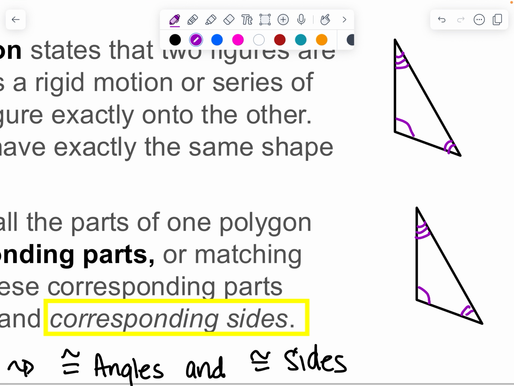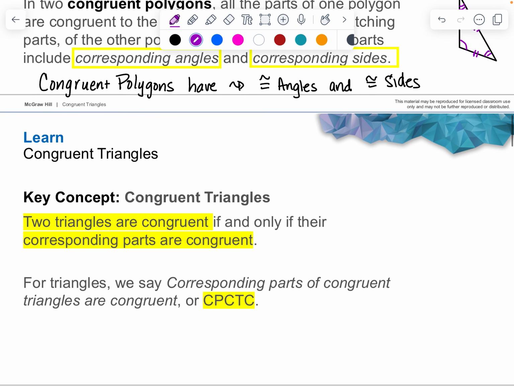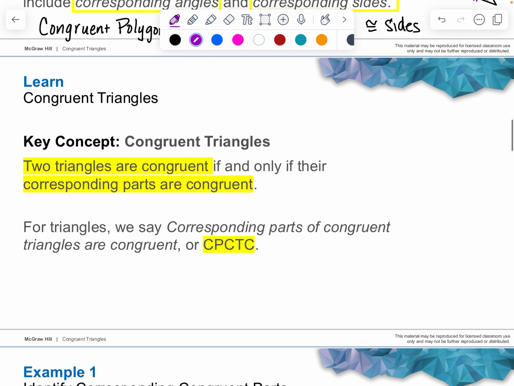Congruent angles, all matching up. And then each side should have a corresponding side that it matches up with, just like that. Corresponding sides, corresponding angles. If any of those don't match up, you do not have a congruent polygon. Two triangles are congruent if and only if all of their corresponding parts are congruent.